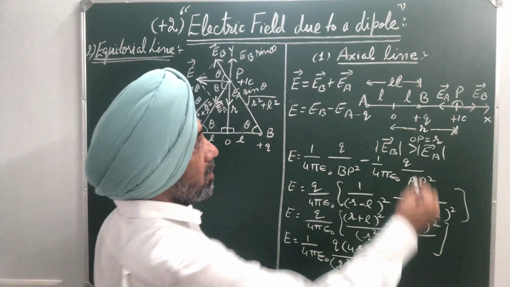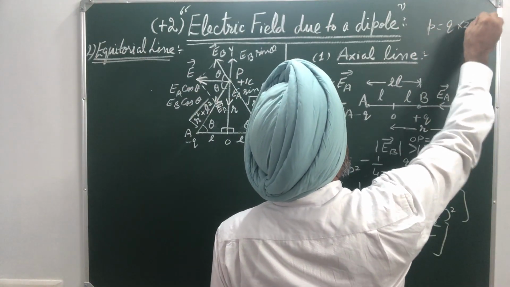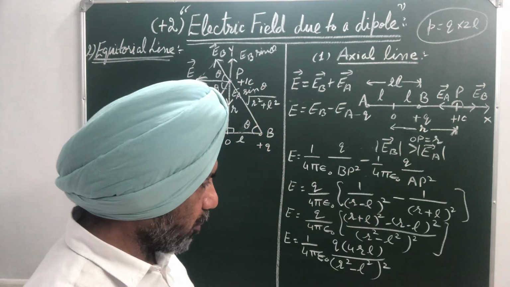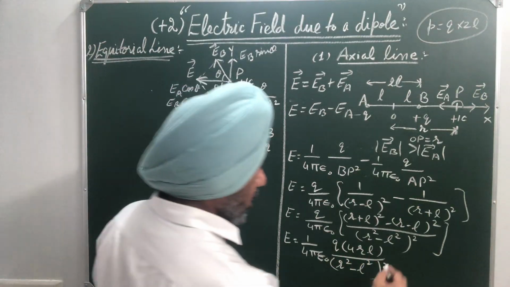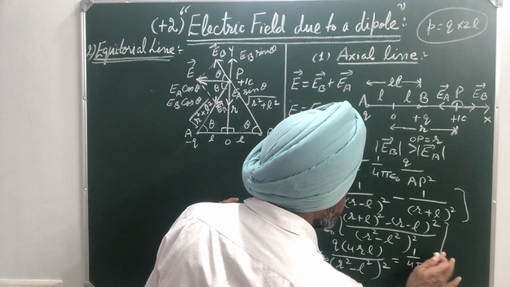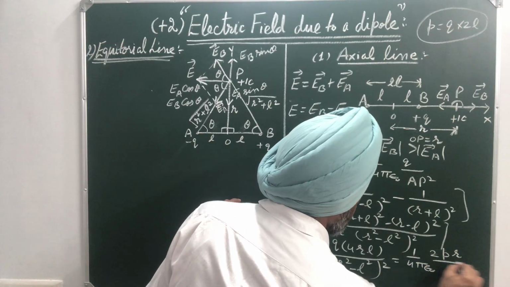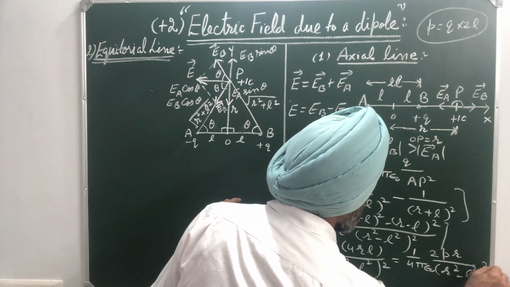Now we have proved that P is equal to q into 2L, where P is the dipole moment of the electric dipole, so 2qL is written as P. So it comes out to be 1 upon 4 pi epsilon naught times 2PR over (R square minus L square) whole square.